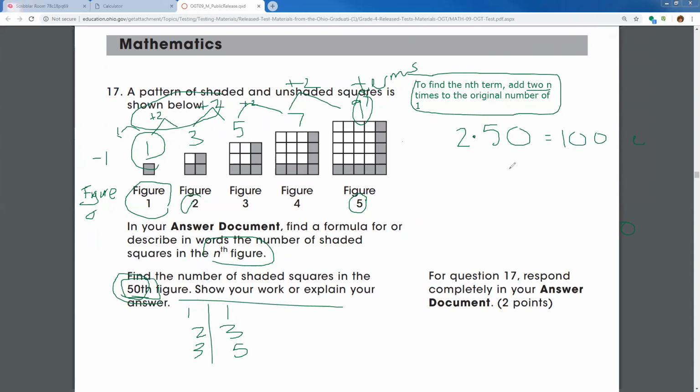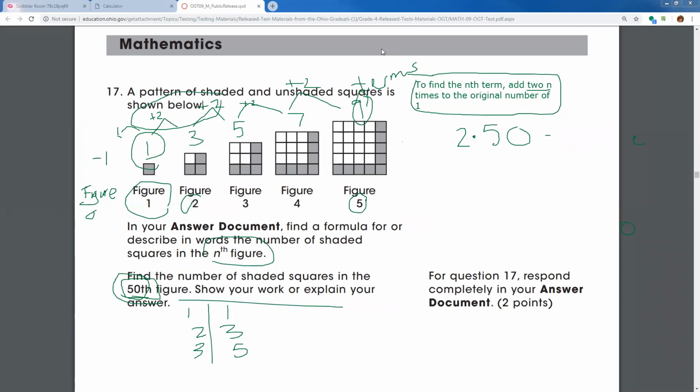And then we add that to the original number of 1. Maybe my verbal explanation is actually not accurate, or how I'm using it is not accurate. Add to n times the original number of 1. I might not try and use the verbal explanation because we're going to be a little bit off.